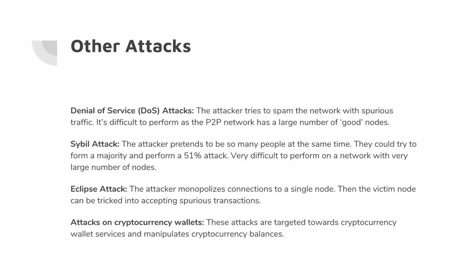These could be any sort of attack that happens on a usual web application or service, and the attackers usually try to get access to public key-private key pairs which might have been stored on the wallet service with weak security. If they have access to those keys, they essentially have access to all the cryptocurrency of the customers of that wallet. This still happens to be a very strong attack vector, and a lot of attacks do happen on this front.